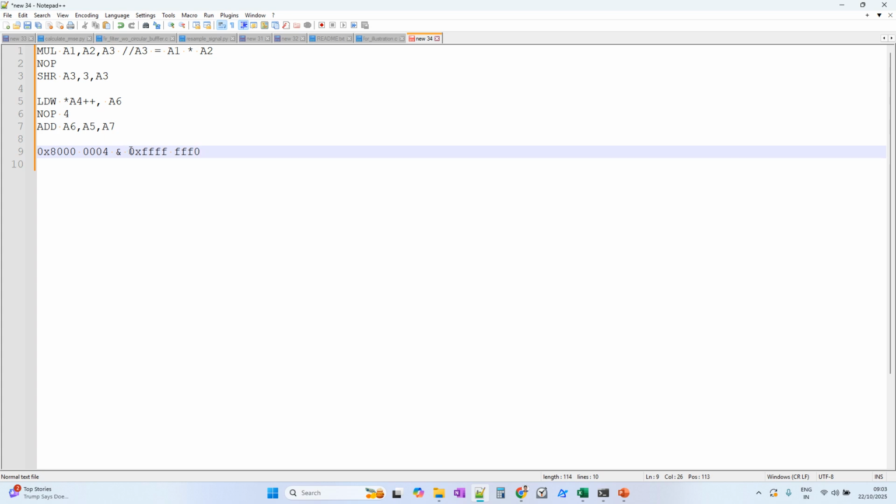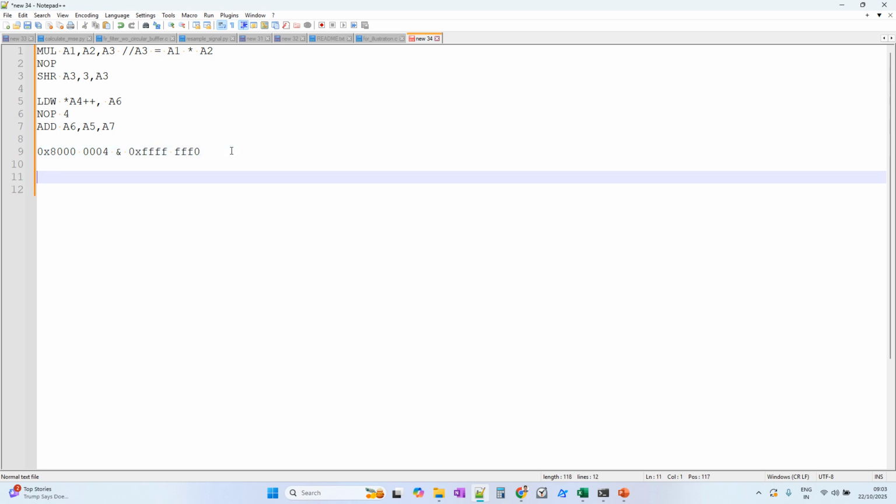Actually, this is tilde of block size minus 1. In our case the block size is 16, and 16 minus 1 is 15. So tilde of 0xF, in the 16-bit case, will come out to be 0xFFF0.